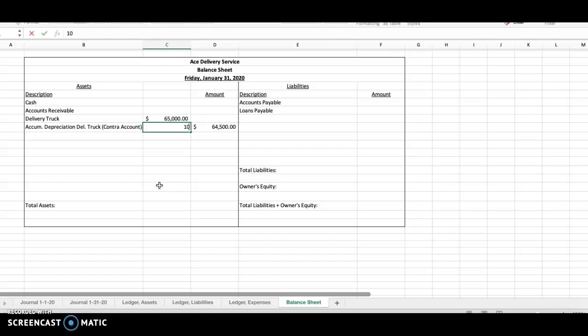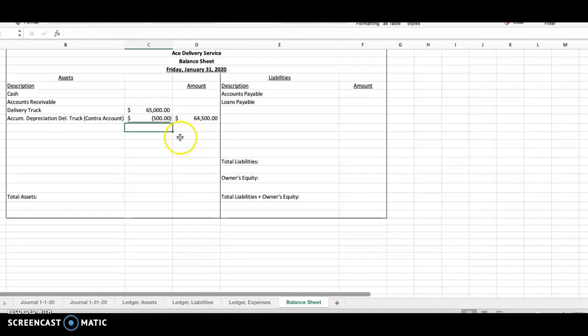So at the end of February, it would be $1,000, a negative $1,000, and you can see that the net value then is $64,000. But we are at the end of January, so the net value is $64,500.